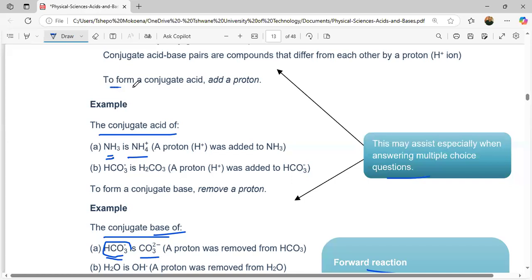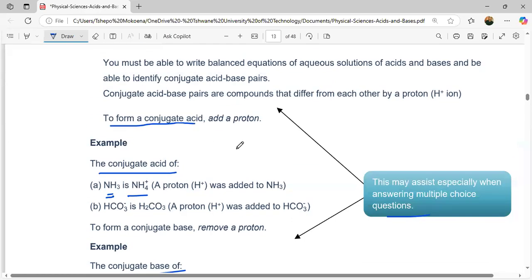To form the conjugate acid, it's all about formation. Look, this is ammonia, and I ask you, what is the conjugate acid? Automatically, you can know it just like that. The conjugate acid of ammonia is going to be the NH4 plus ion. But sometimes you forget, which is okay.